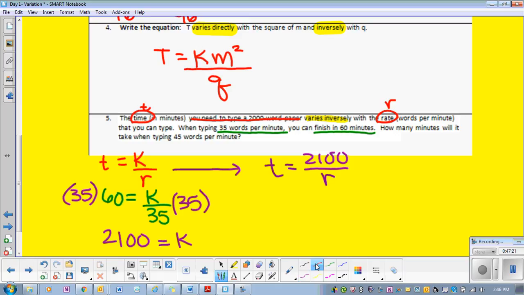Where does 45 go, for the T or the R? R. Good. It's going to be what? 46.6 minutes? Yeah.